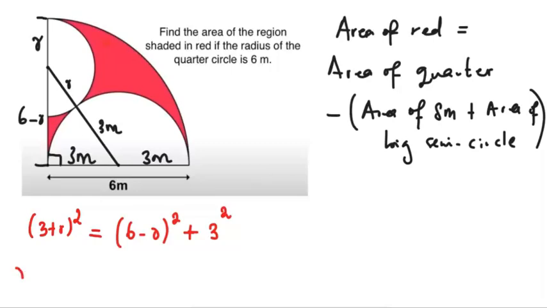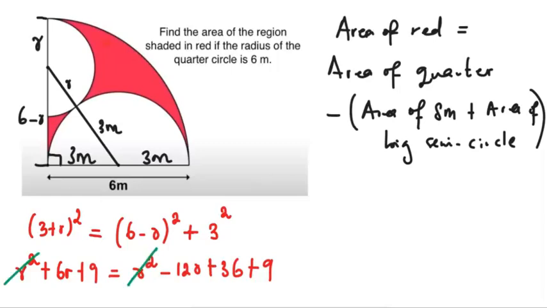So expanding this, we get R squared plus 6R plus 9. This is going to be equal to R squared minus 12R plus 36 plus 3 squared, which is 9. So we know from both sides that R squared gets cancelled, right? So we are left with 6R plus 12R giving us 18R.